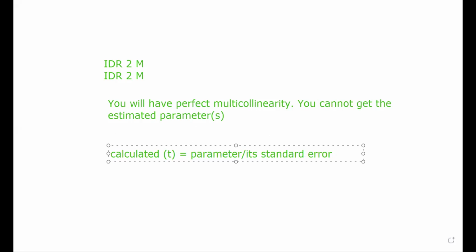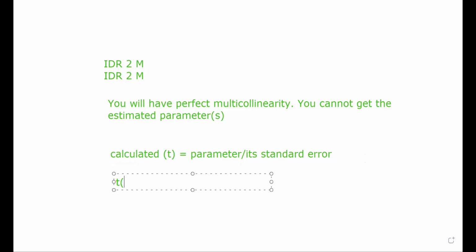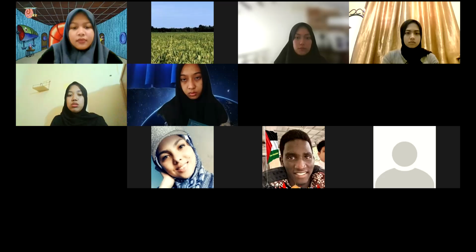Okay, this is the formula for the calculated T. For beta 2, for example, beta 2 divided by the standard error of beta 2 is the calculated T for beta 2.